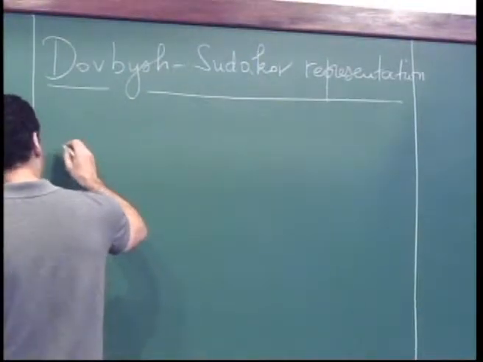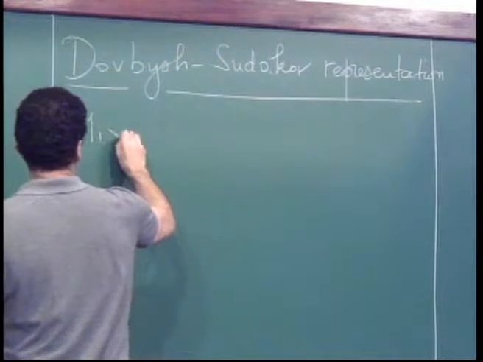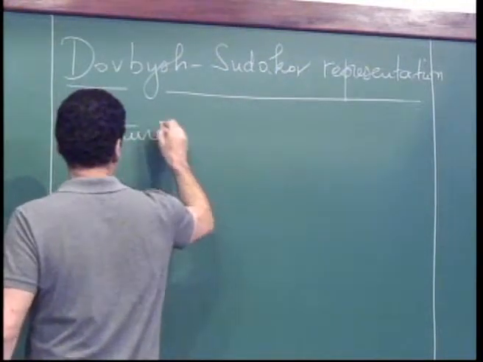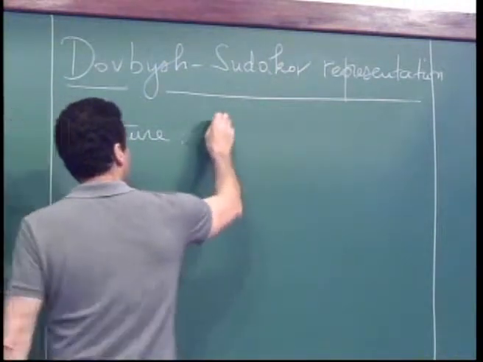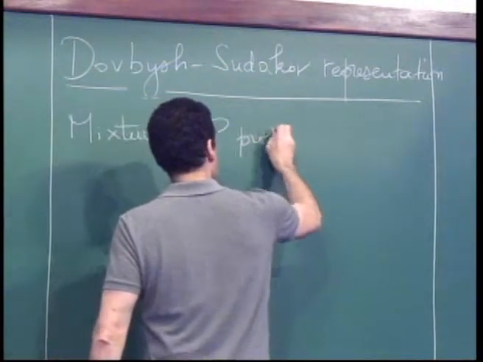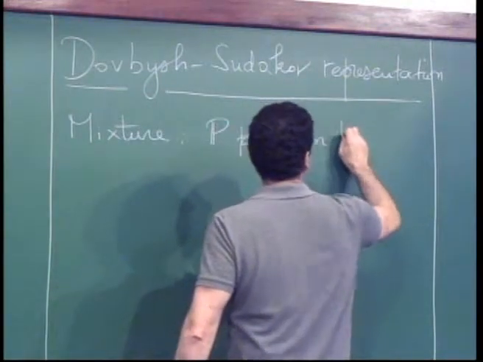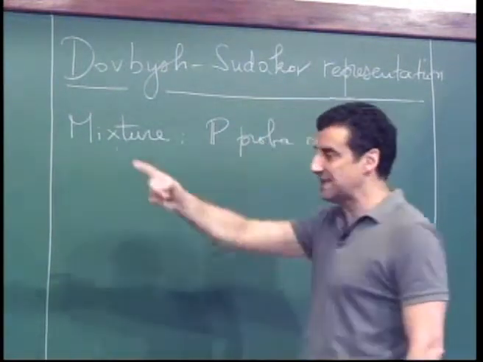Now let me put that in more mathematical terms. This is for the younger part of the audience: what do I mean by mixture? Take a probability P on my set M. It could be on any set. This is my set of infinite arrays.